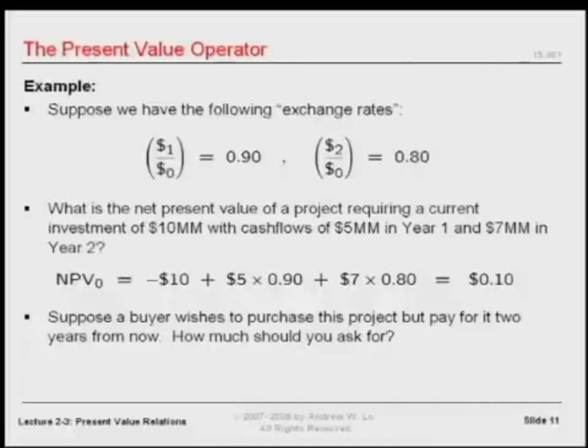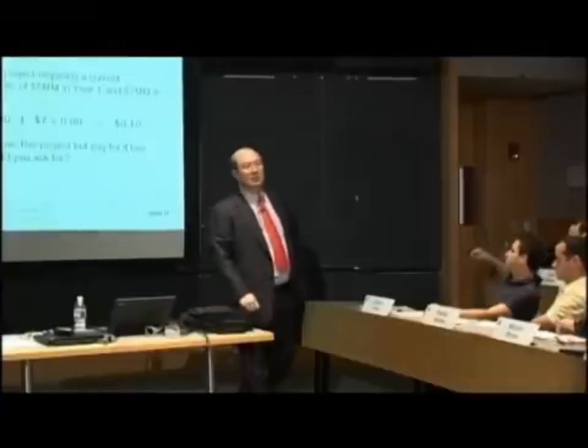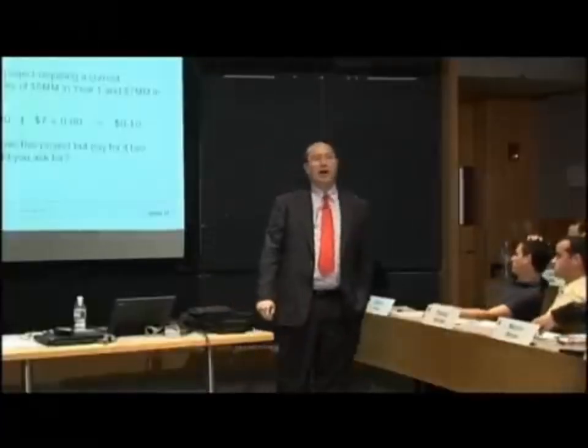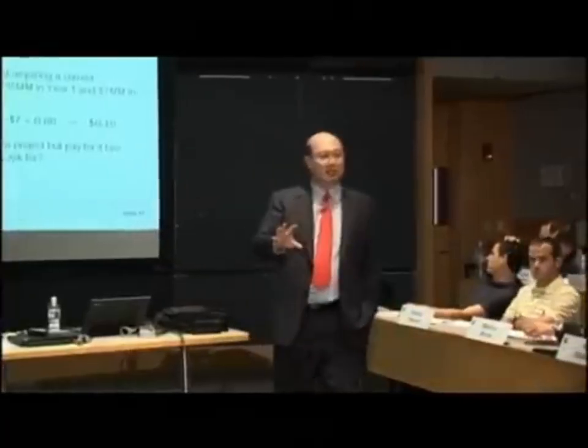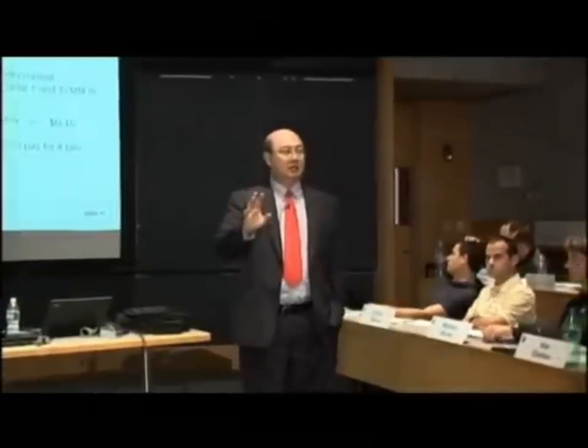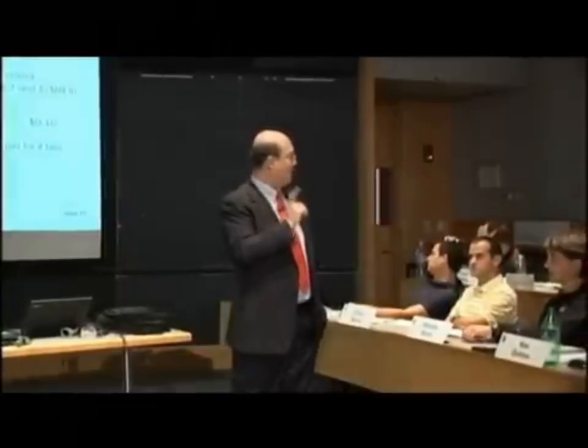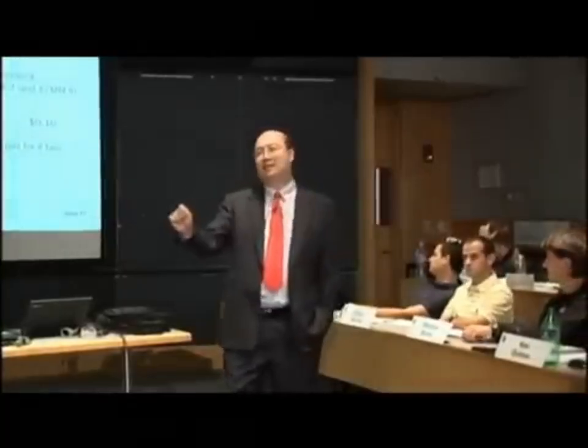Second question, suppose a buyer wishes to purchase this project but pay for it 2 years from now. How much should you ask for this project? Now, the first thing you need to do is what? Well, that's the second thing. The first thing you need to do, draw a timeline, okay?